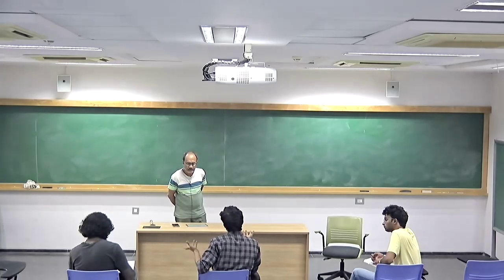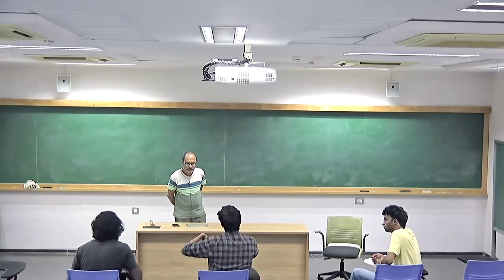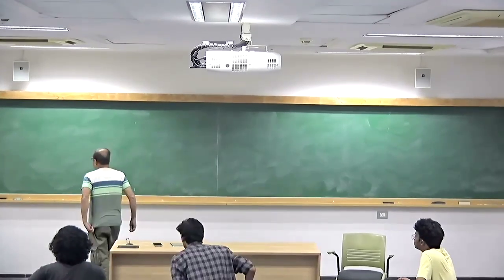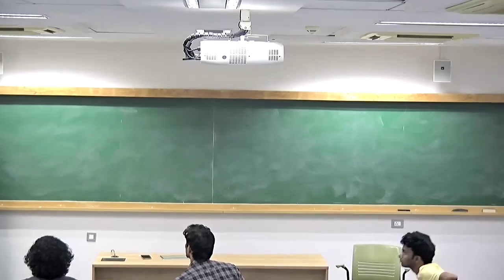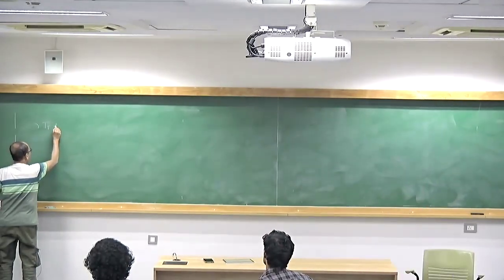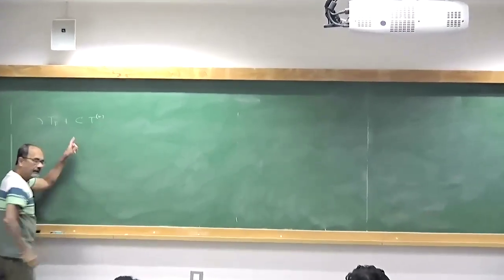I was not able to think of that term, because it does not look like it's coming from some Noether transformation. See, the point is, we have this gamma TF. We had C TM, which is a standard term.